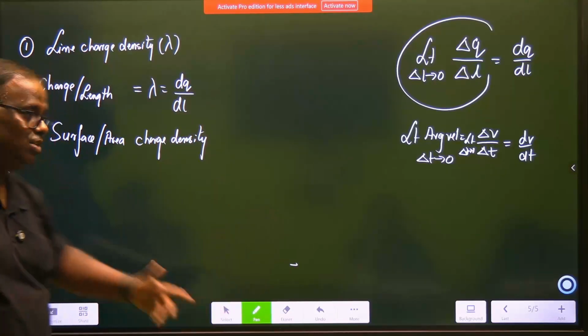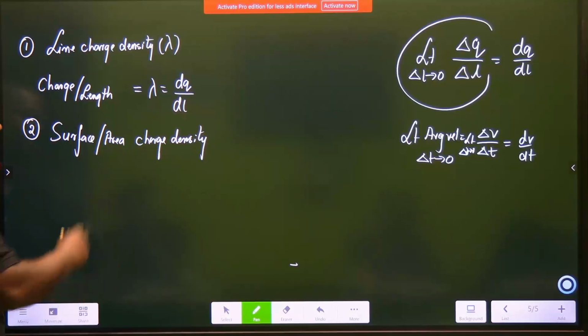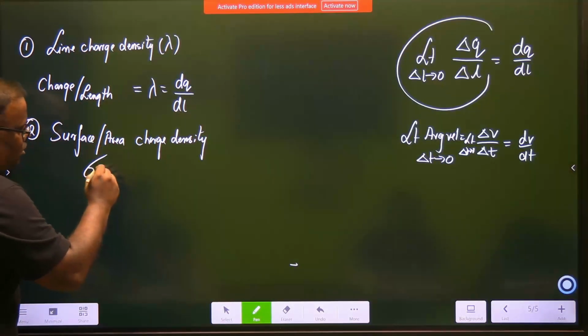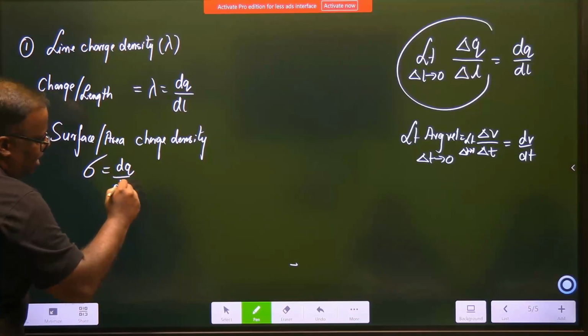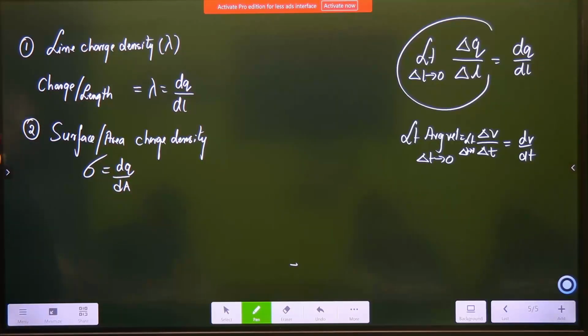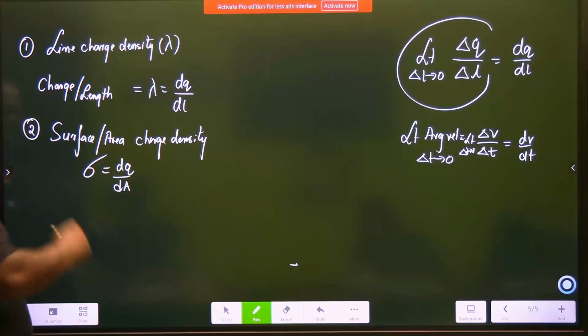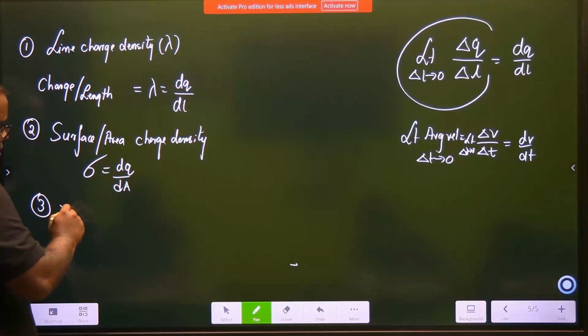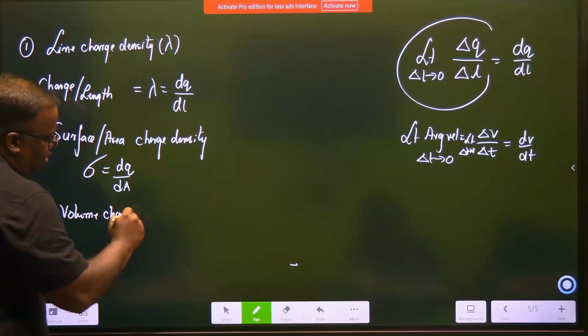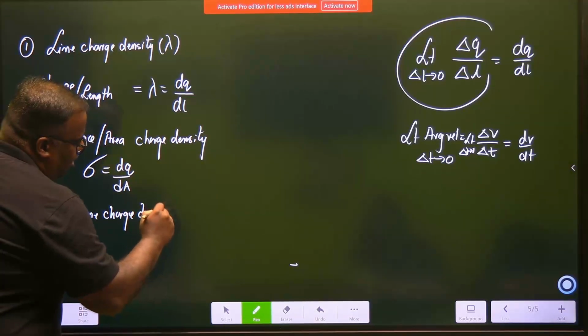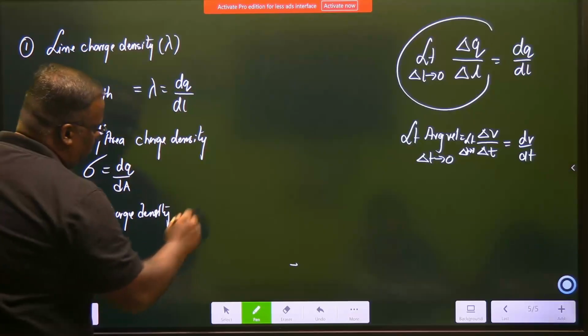We might give you a sheet also. At that time, surface charge density comes up, denoted by sigma, which is given by dq over dA. Got it? And the third one is known as volume charge density, represented by rho.